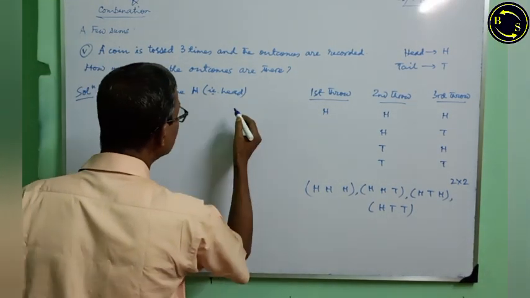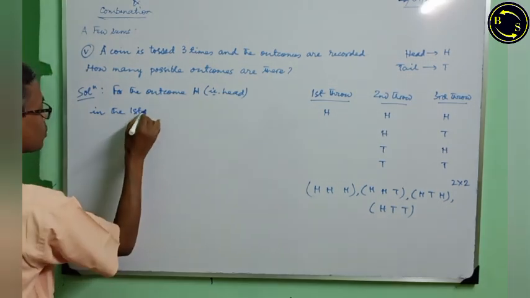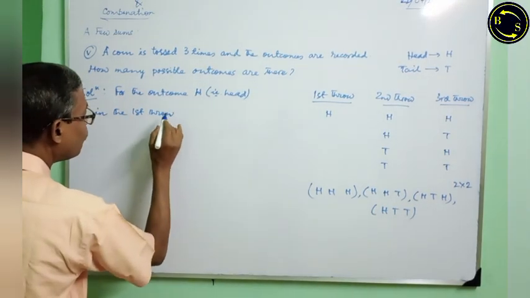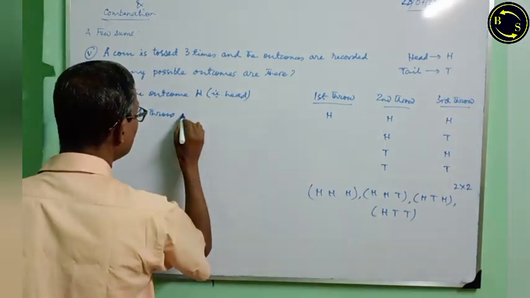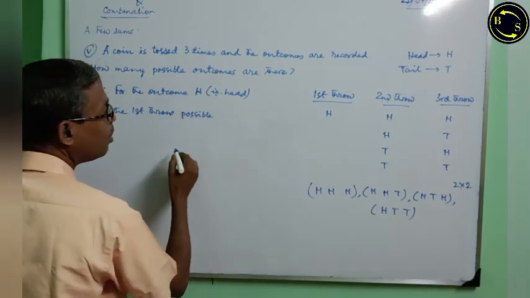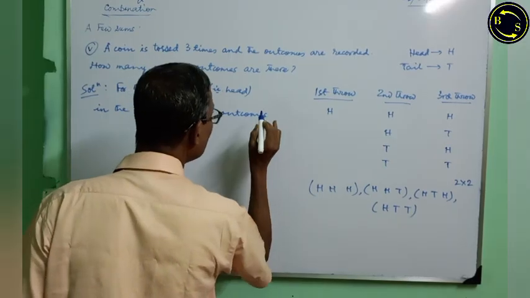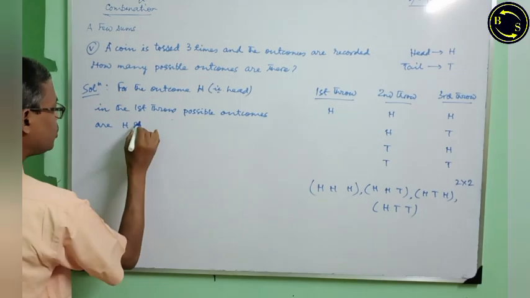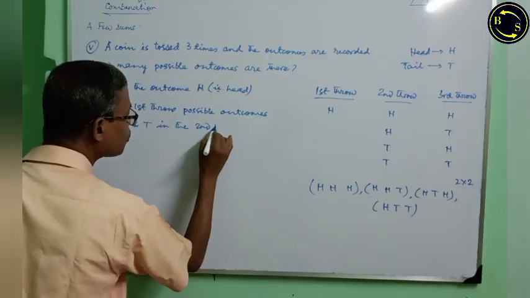For the outcome H in the first row, possible outcomes are H and T in the second row.